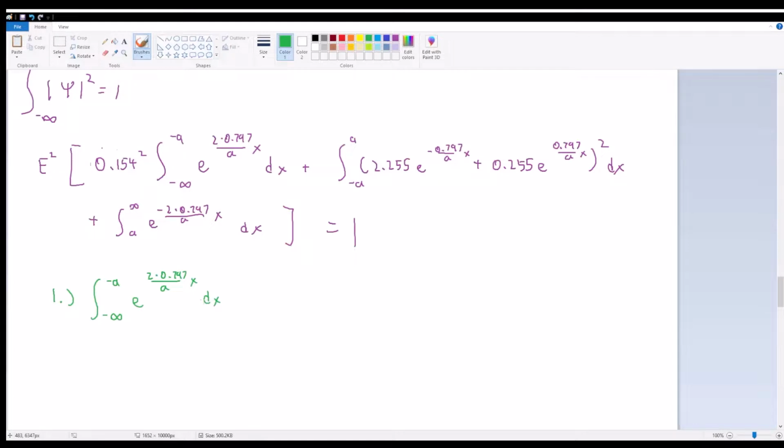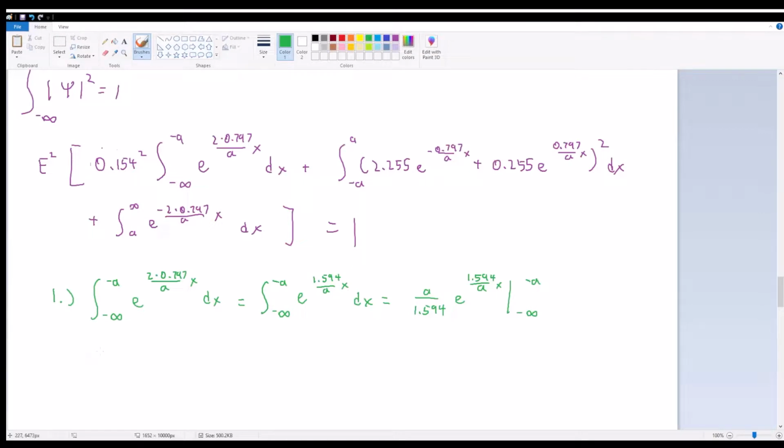So 2 times 0.797, if I plug that into my calculator, gives the integral from negative infinity to negative a of e to the power of 1.594 divided by a times x dx. And this is going to give me a divided by 1.594 times e to the 1.594 over a times x, going from negative infinity to negative a.